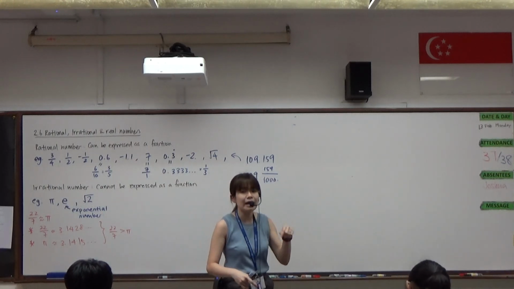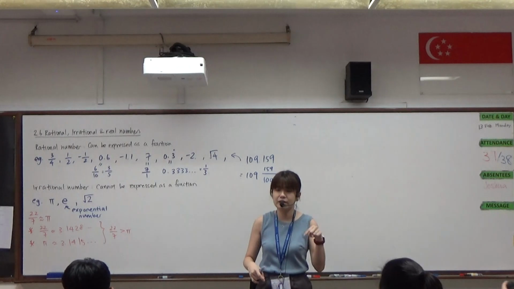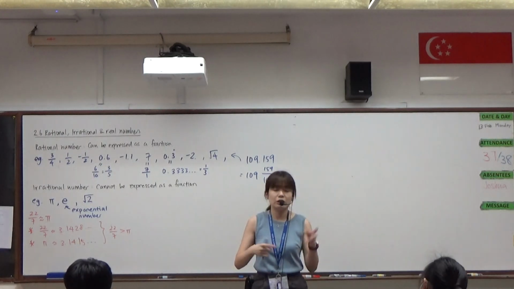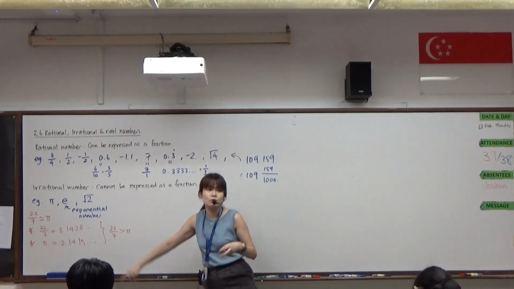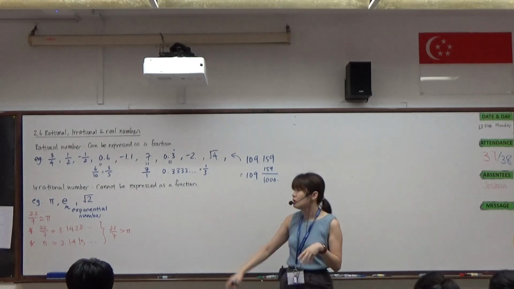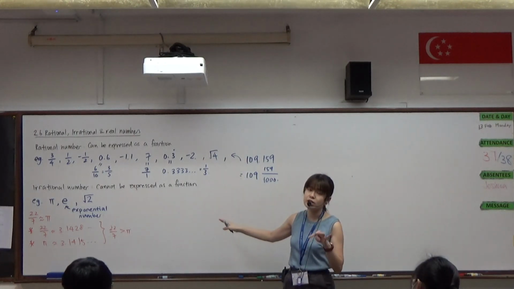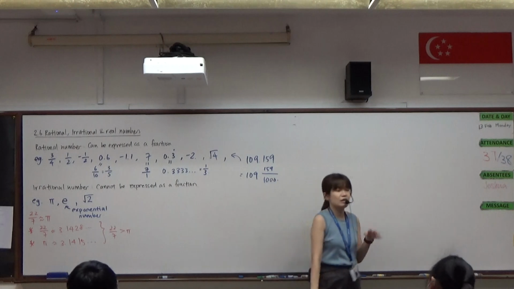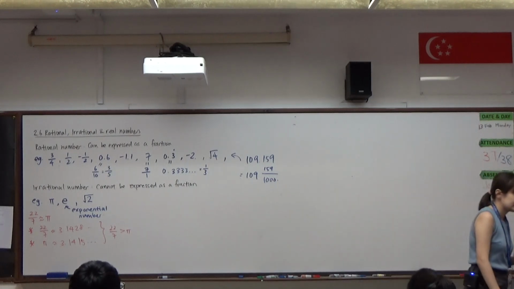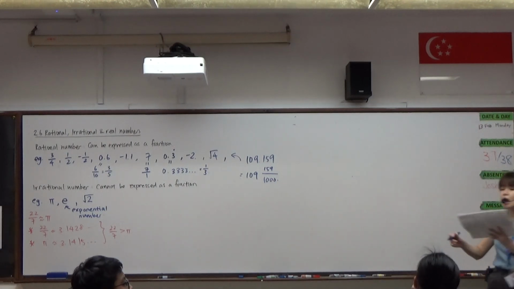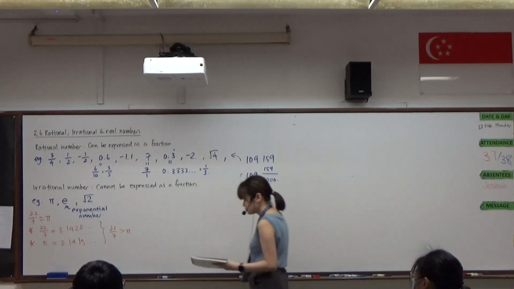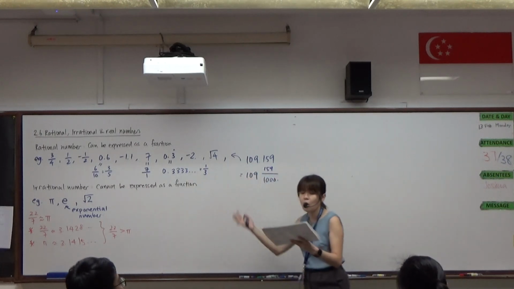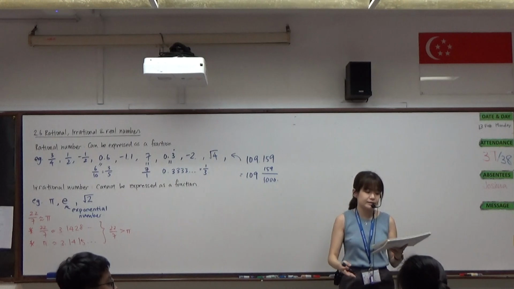No matter how hard I press that fraction decimal button, it will never be able to change into a fraction at all. Therefore, if it cannot be changed into a fraction, it will be an irrational number.